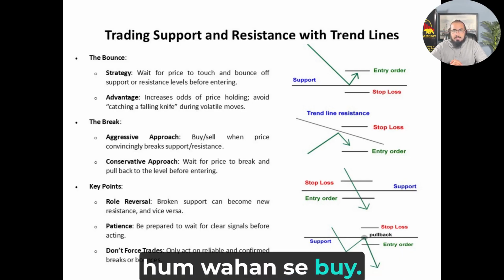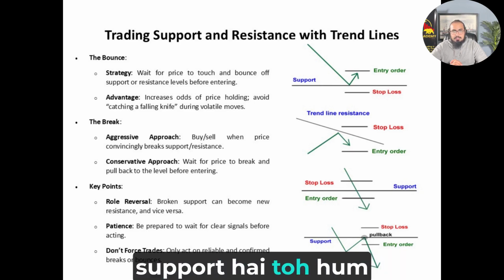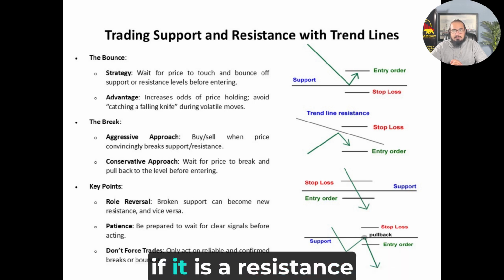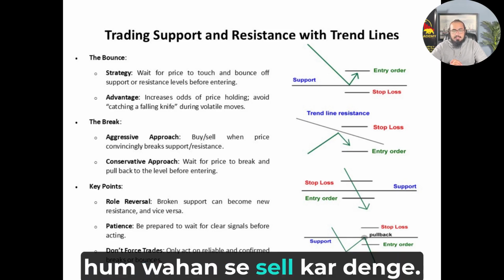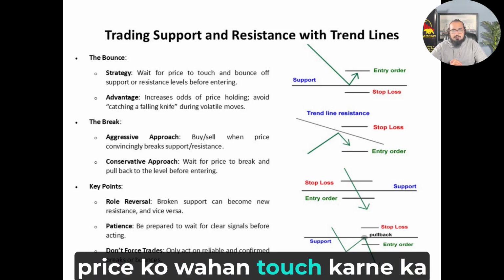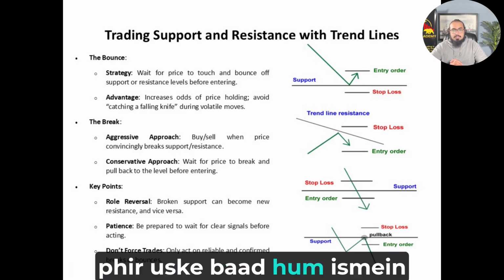When the price comes there, if it is support, we will buy. If it is resistance, we will sell, but it's better to wait for the price to touch there and consolidate a little. After that, we enter.